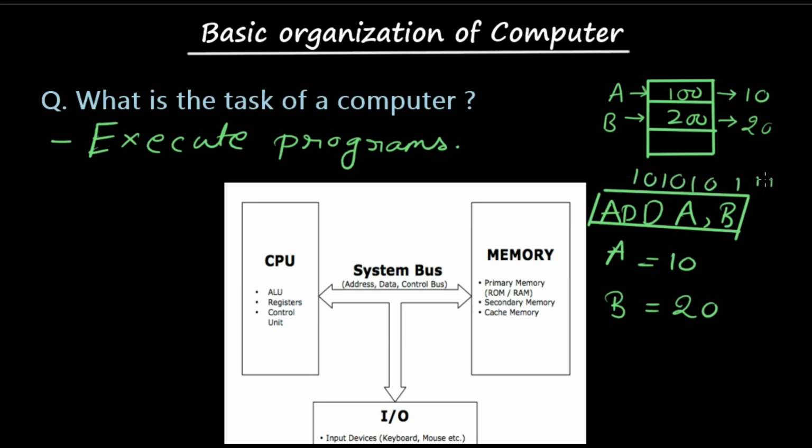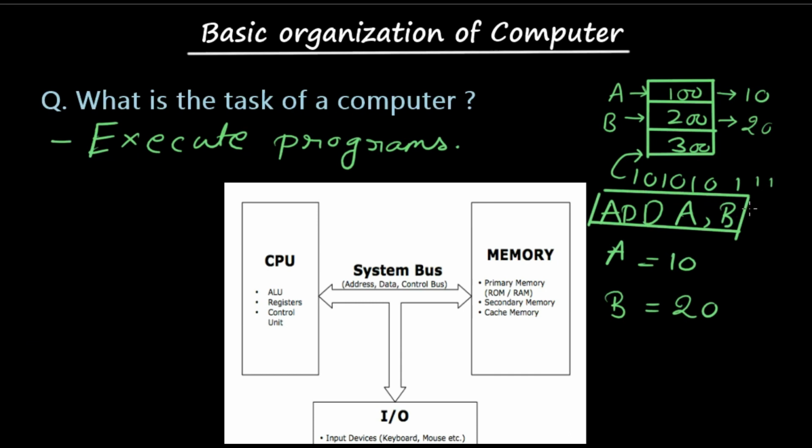I am taking an arbitrary bit pattern, but such bit patterns represent instructions. These bit patterns are stored inside memory, so suppose in location 300 this particular bit pattern is stored.